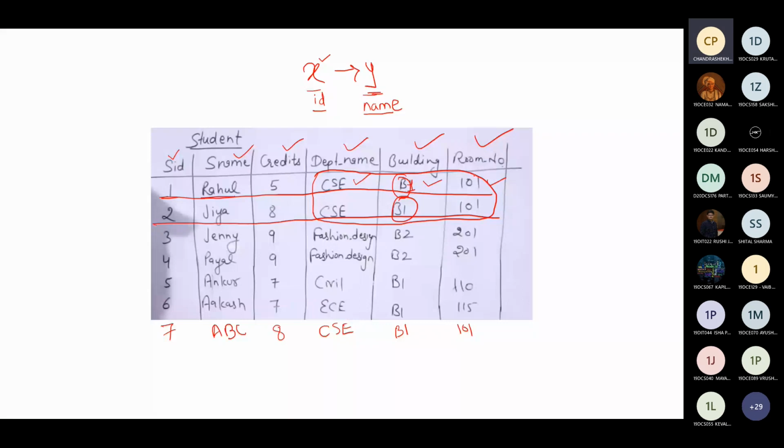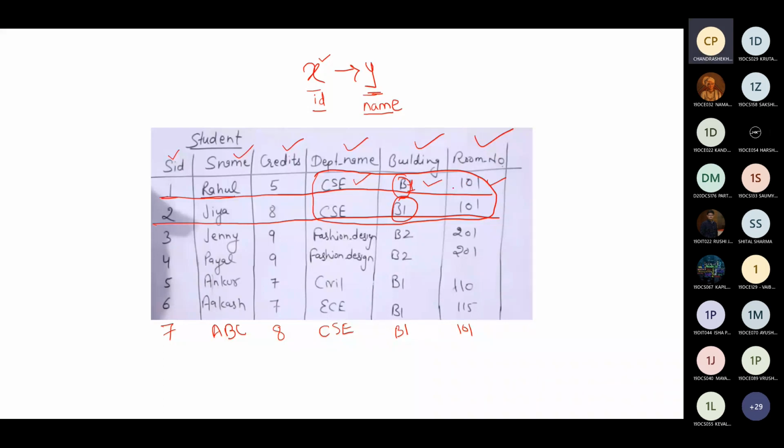And if you want to specifically change the room number for a particular student, then it is difficult, because we have to write a subquery and other complex operations. So it is preferable that we normalize these tables with the help of different normalizations.